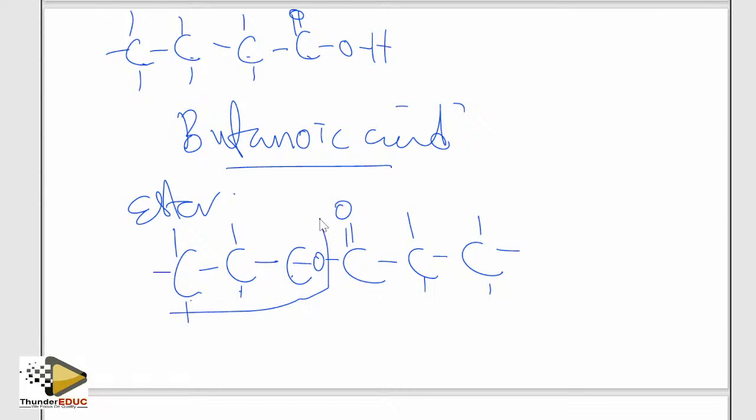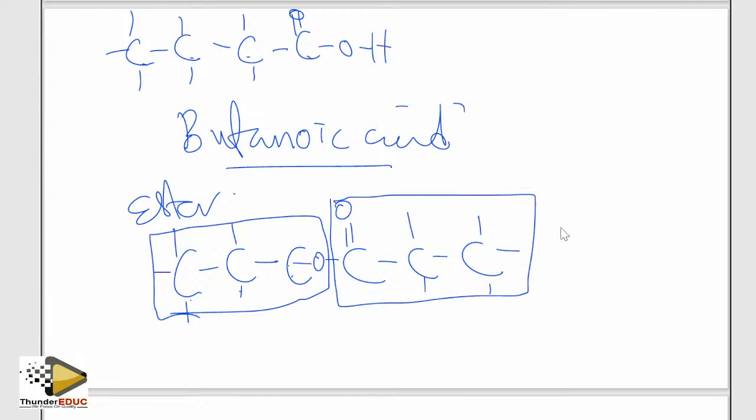This one comes from alcohol because the oxygen is attached to the carbon atom with a single bond. Where oxygen is attached with a double bond, it means that it comes from a carboxylic acid. While this one comes from alcohol.